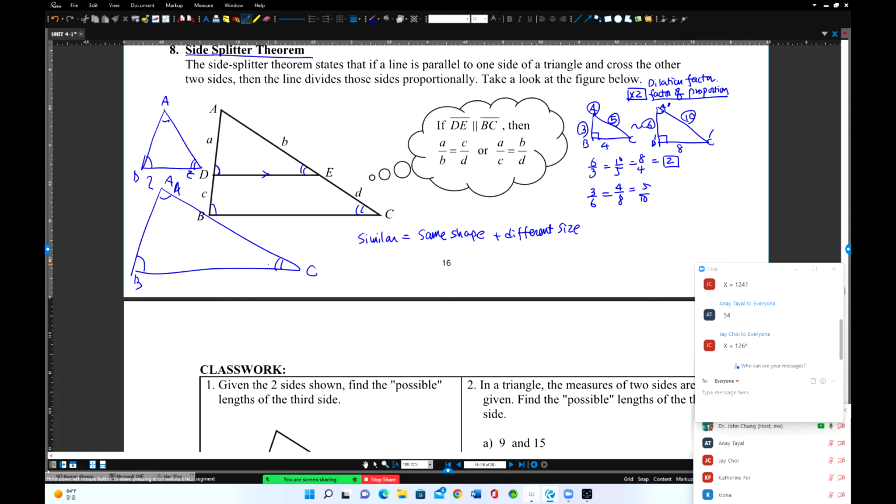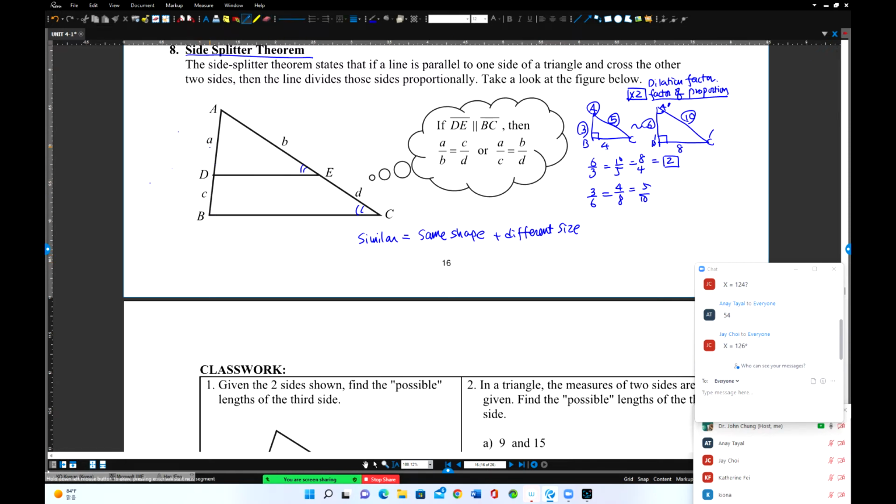Only the angles do not change. These two triangles only have different sides. They are similar. Okay? Using that similarity, there is a very important theorem, the side splitter theorem.